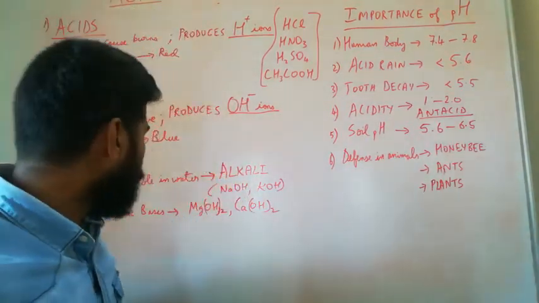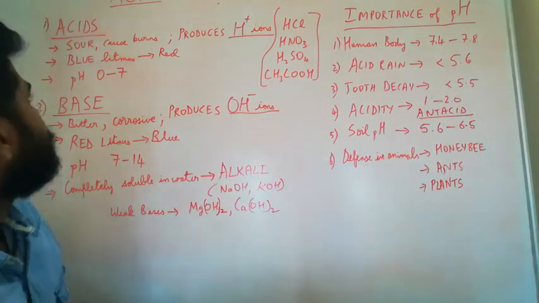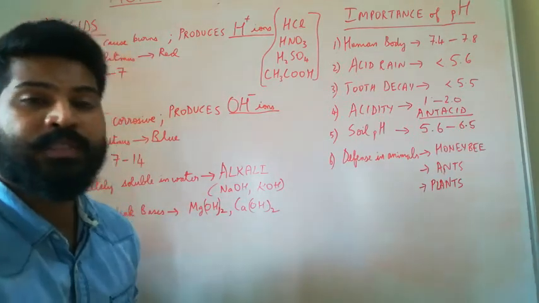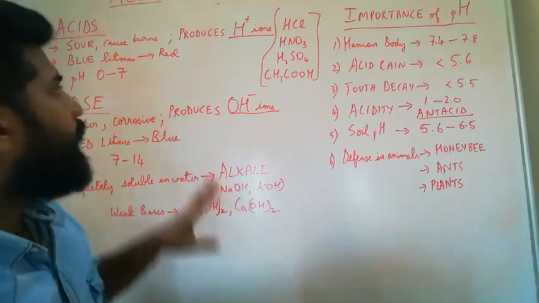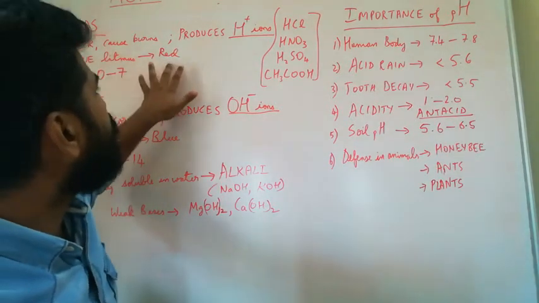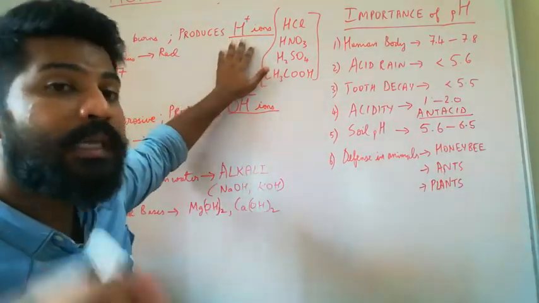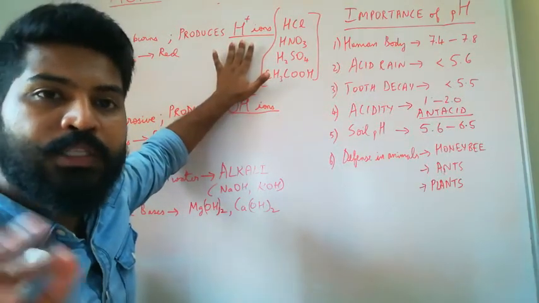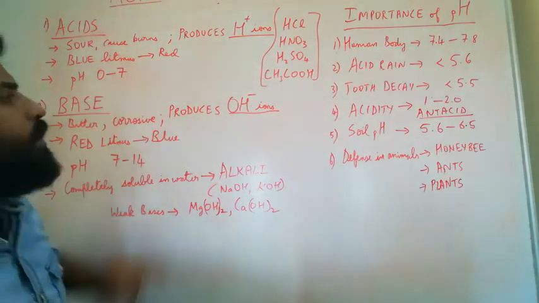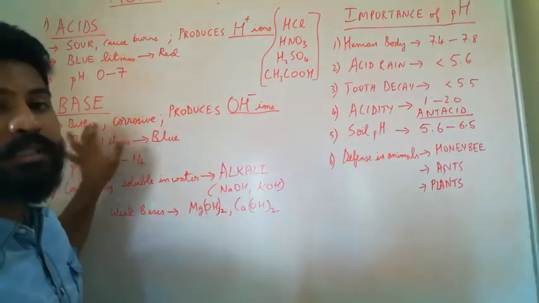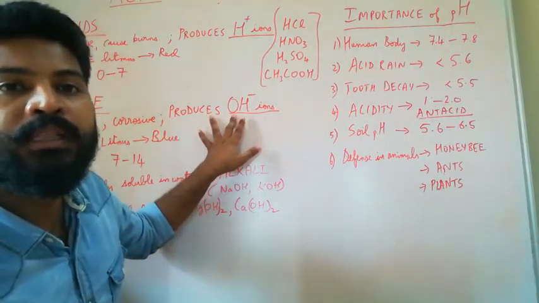So to summarize this session, what we have studied: acids are substances which are sour, they cause burns to the skin, and they turn blue litmus paper into red. Acids produce hydrogen ions in solution, only in the solution form, and they have a pH from 0 to 7. Whereas bases are bitter to taste, they are corrosive, they produce hydroxide ions in solution.